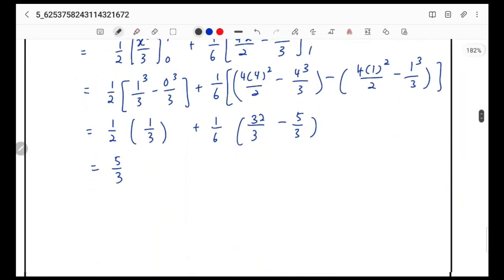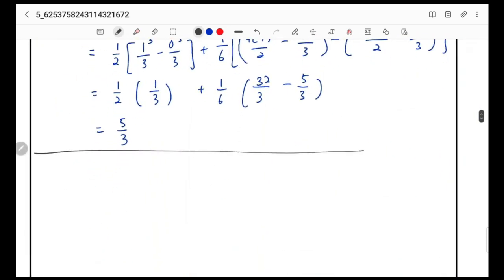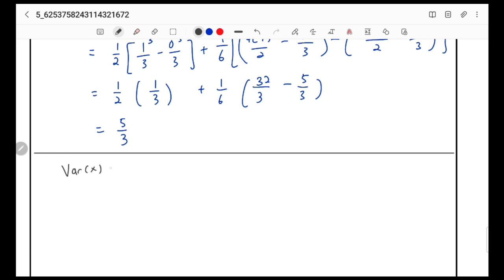So the formula for variance x is EX squared minus EX squared, which means 5 over 3 that we found before, we're going to plug in into here. So we just need to find EX squared in order to find the variance.